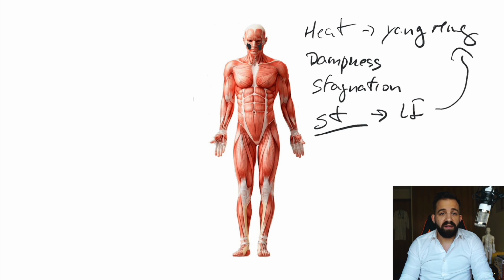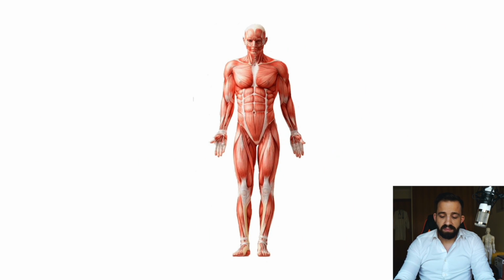So if I have the main affected channel as the stomach and I want to treat dampness and heat, I would go to a global balance, something like this. Maybe stomach, spleen, large intestine, and lung.